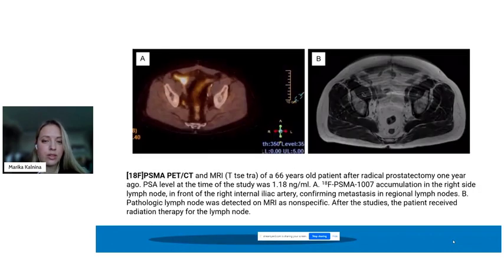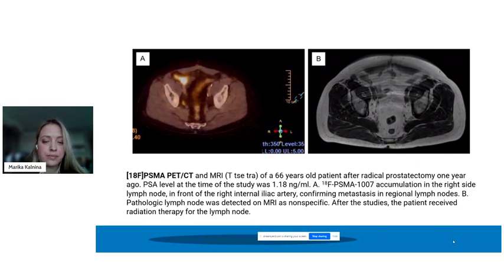And here, one patient also with fluorine PSMA and MRI, a 66-year-old patient after radical prostatectomy 1 year ago, and the PSA level at the time of the study was 1.18, and fluorine PSMA accumulation was seen in a lymph node on the right side, in front of the right iliac artery, confirming metastasis.